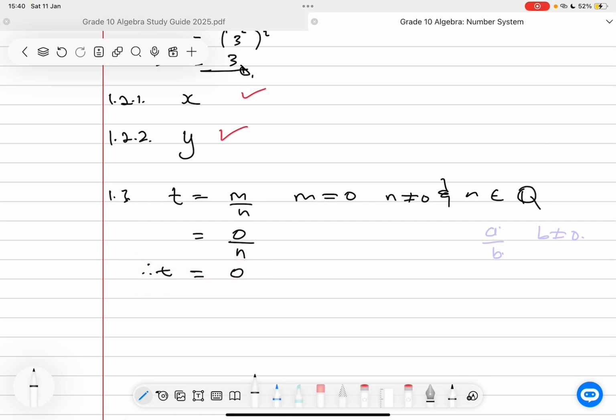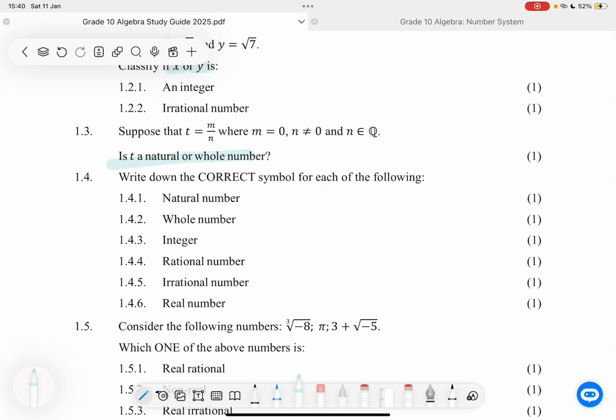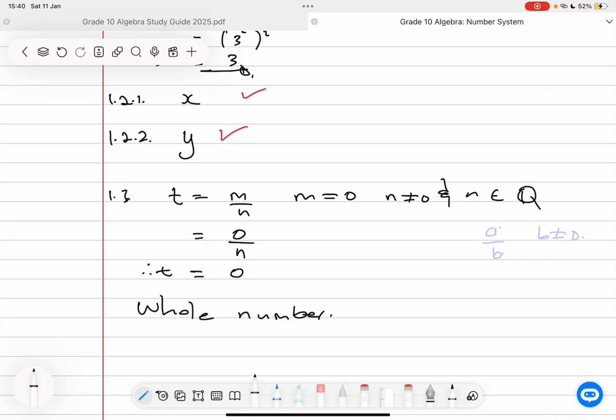Definitely this is a whole number. Remember that whole numbers include the natural numbers and 0. So it cannot be a natural number, because the natural numbers begin at 1 and grow until infinity. So this again is going to be 1 mark.